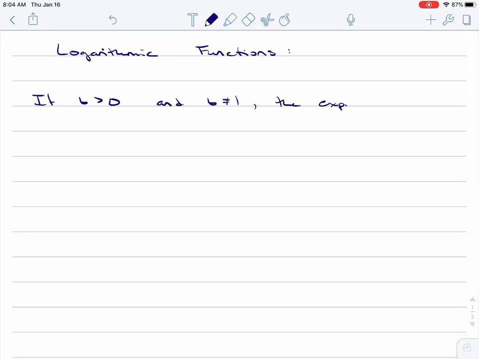the exponential function f of x equals b to the power of x is either increasing or decreasing, because we said we either have decay or growth.